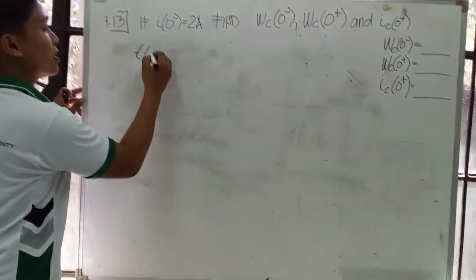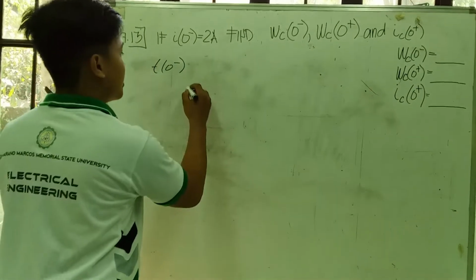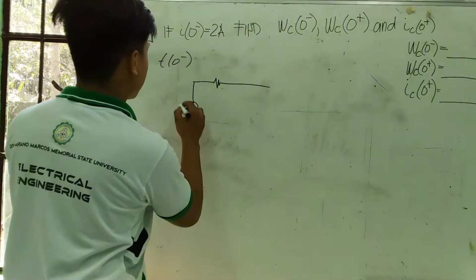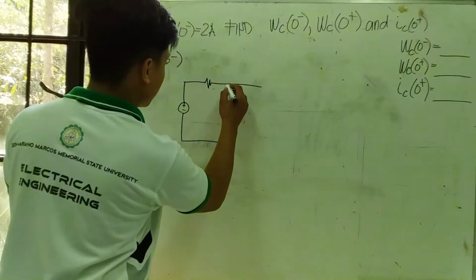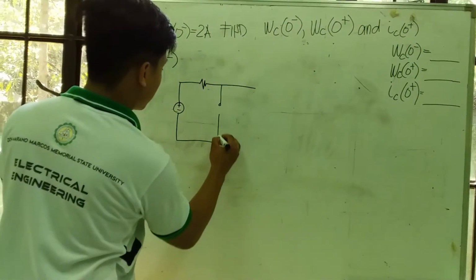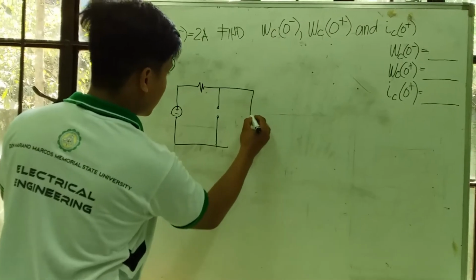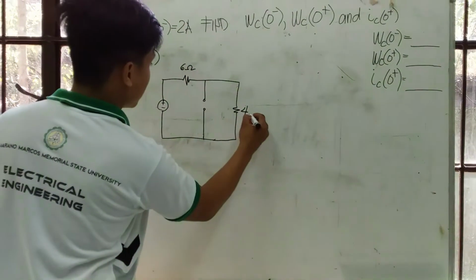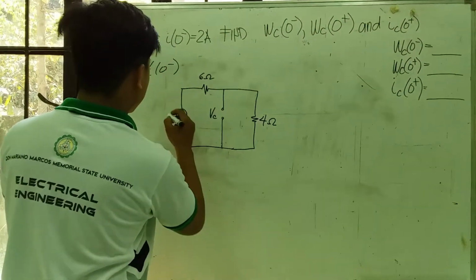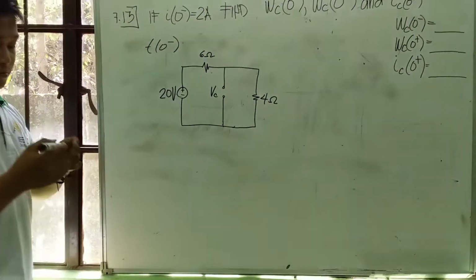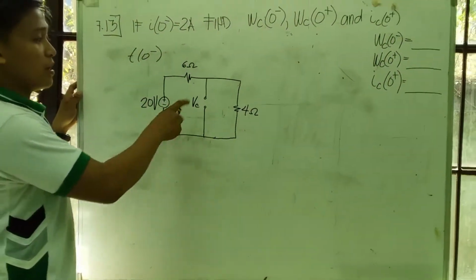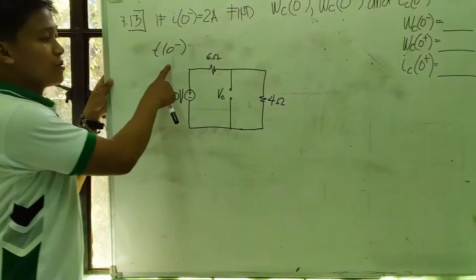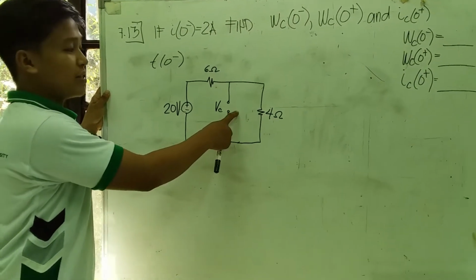So, at time t equals 0 negative, our circuit will be our voltage source 20 volts, our resistor 6 ohms, and 4 ohms resistance. And at time t equals 0 negative, our capacitor will be an open circuit.